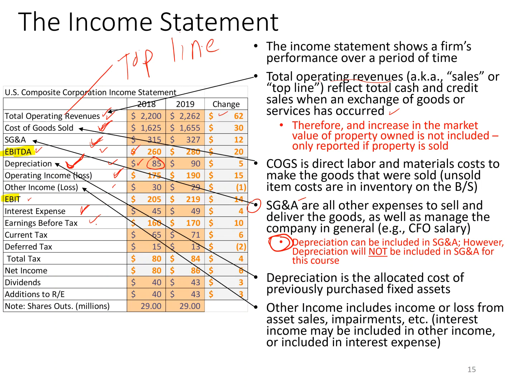I then have EBT, or earnings before tax. I'll subtract out my total tax, which sometimes will have the actual tax expense paid versus the taxes payable, the ones you haven't paid yet, and there's my net income. So this is sometimes called the bottom line, and it's often the last number reported in the income statement.